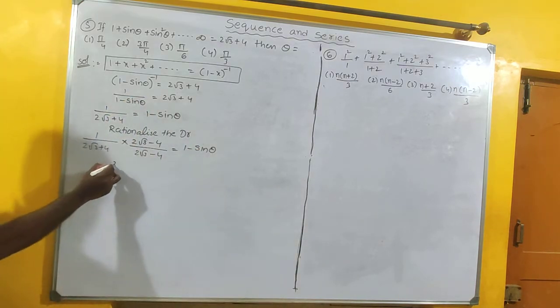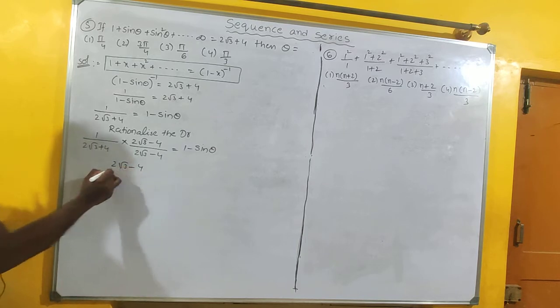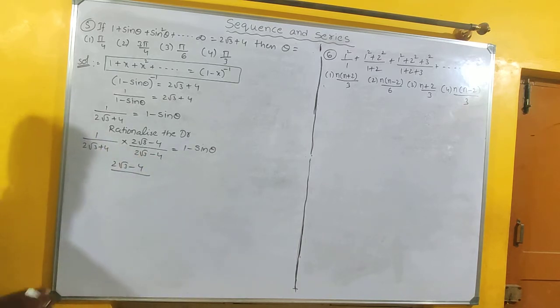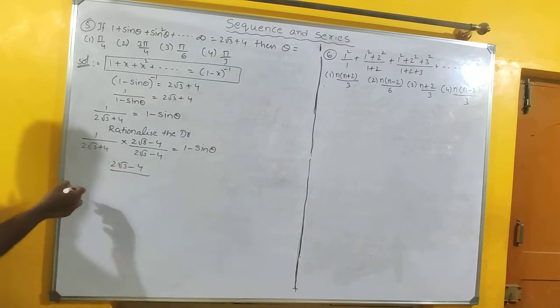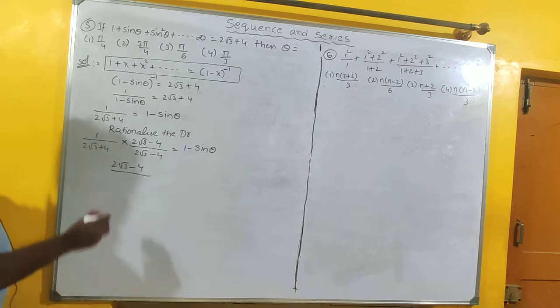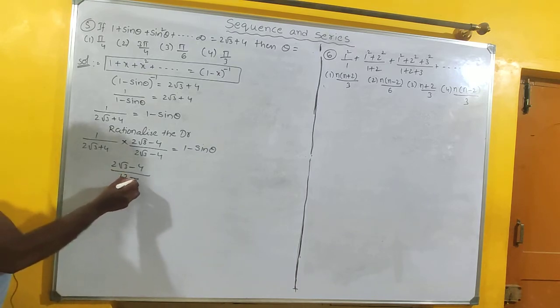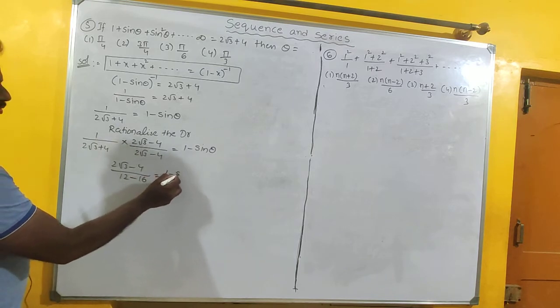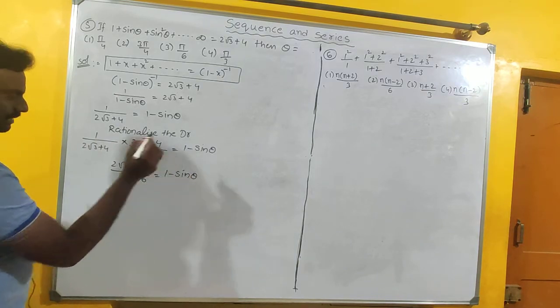Now simplify. (2 root 3 minus 4) by (a plus b) into (a minus b), a square minus b square. Now it can be written as (2 root 3) whole square, that is root 12 square, 12 minus 16. That equals 1 minus sin theta.